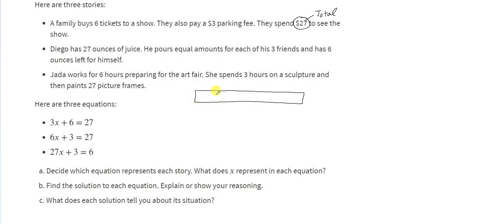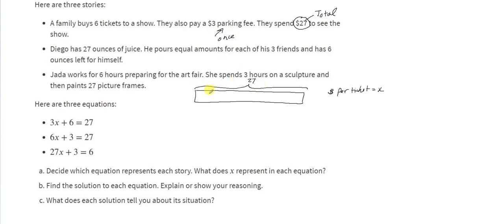Okay, so here's my tape diagram for the first one. It looks like my total is spending 27 bucks. It looks like the thing I don't know is how much the tickets cost. So I think the price per ticket is my X, and we have a $3 parking fee, and that just happens once.